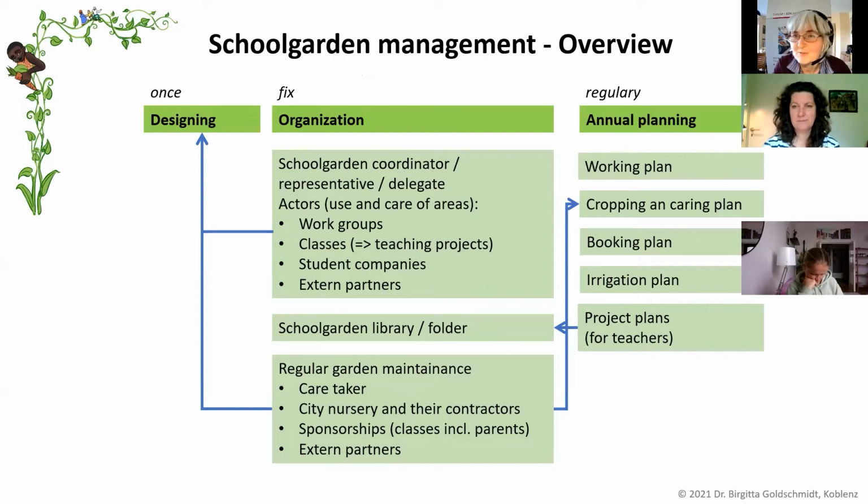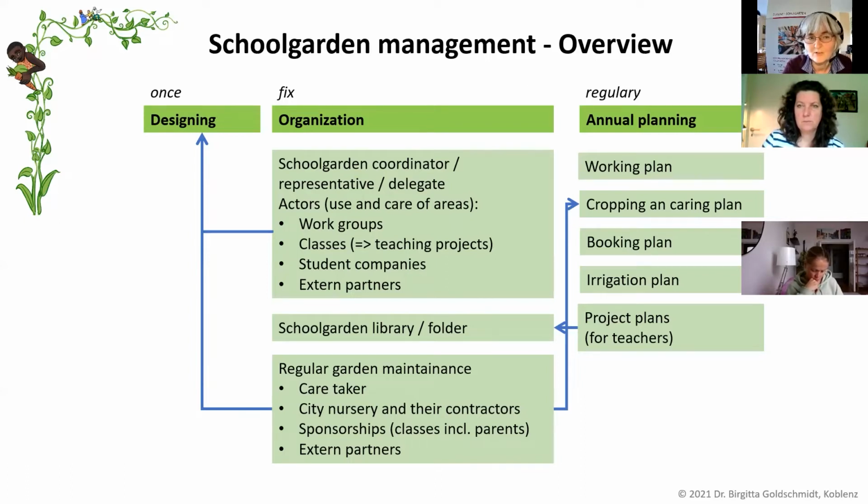So here you have an overview of the school garden management in time scales. What you want is the planning and the designing of the school garden. This is a thing you do once, but of course, sometime you will look over your school garden. Is it still fitting to the purpose you have, to the objectives you have?